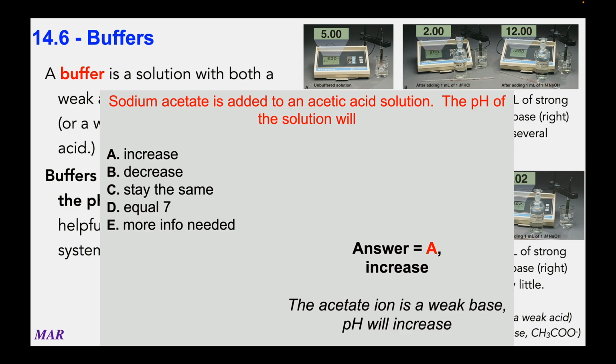If you look at the pictures in the upper right-hand corner, we added an acid, pH went down, 2.0. We added the base on the right, pH went up, 12.00. And even in the buffer solution, the pH changed a little bit too. Bases made it go up, acids made it go down. And it might be 0.000001 pH units, but it will go up or down, because acids make pH go down, bases make pH go up.